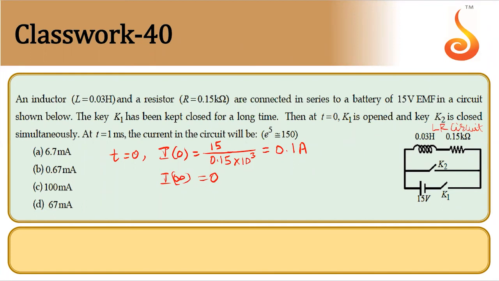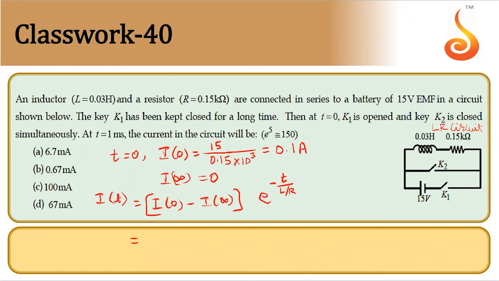Now I of t should be equal to I of 0 minus I of infinity into e to the power minus t divided by L by R. So this is what you should get.